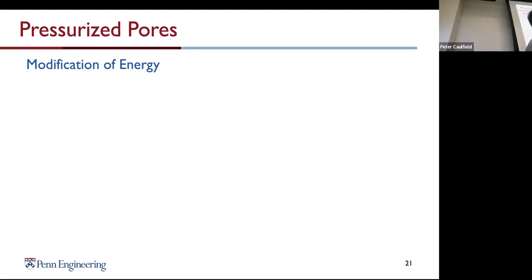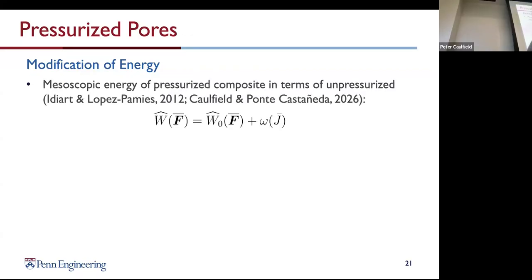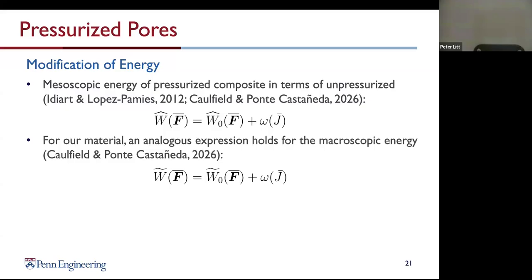And so what that allows you to do is write your expressions for the energy with pressure in the pores just in terms of the energy without pressure in the pores. So you can write it like this. This is your unpressurized energy. This is your pressurized. And then this term here is something that's based on how the pressure in the pores evolves with the deformation, which is just a function of your volumetric deformation. This is something that you can show is the case for the mesoscopic energy.